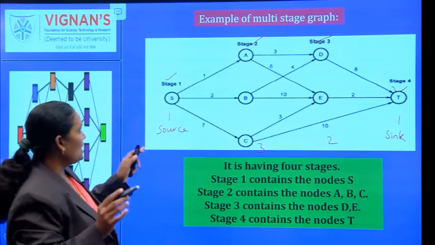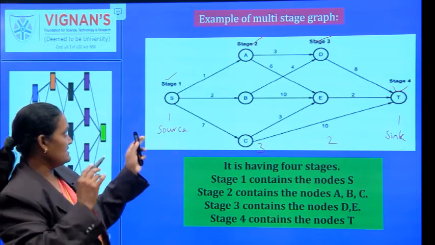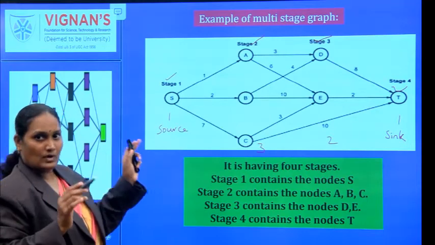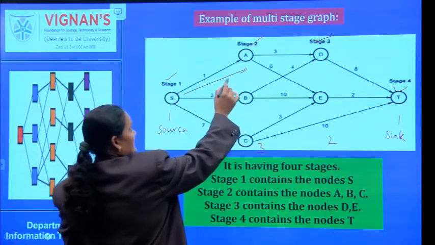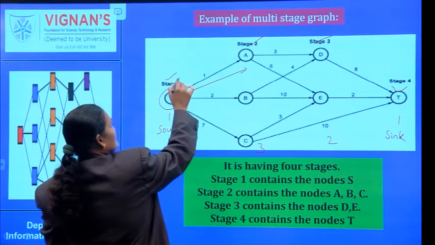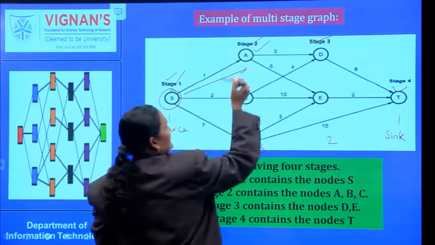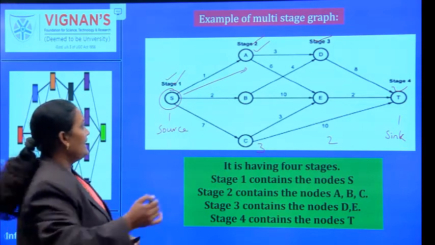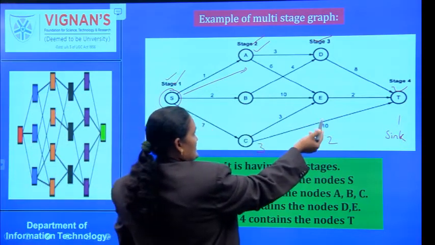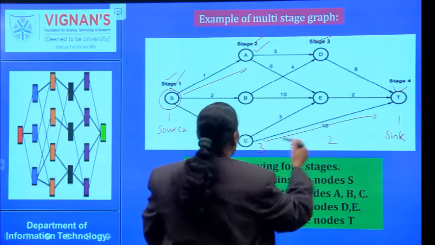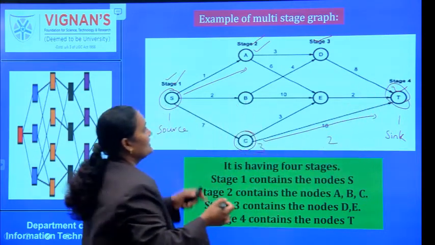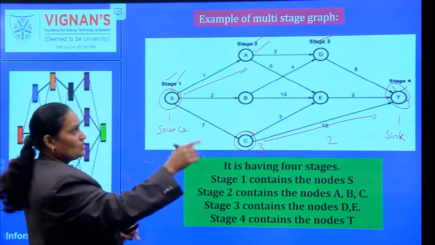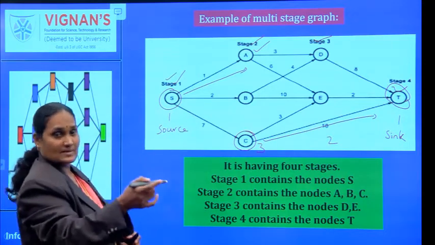This is a directed graph, and if you observe the edges, for this edge, one vertex is present in this stage and the other vertex is present in this stage. For any of the edges, one vertex is present in one stage and the other vertex in another stage. That is, this graph is divided into 4 disjoint subsets.